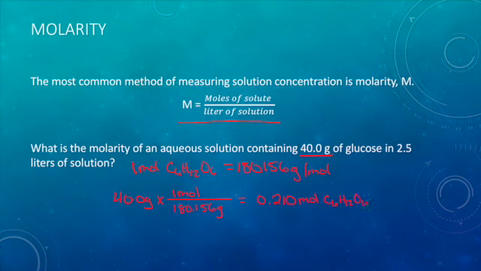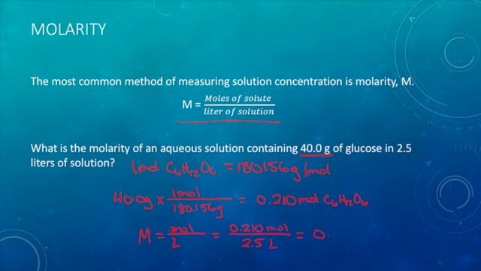Now that we have moles, we can use our molarity formula. So molarity is equal to moles divided by liters. So we have 0.210 moles and 2.5 liters.